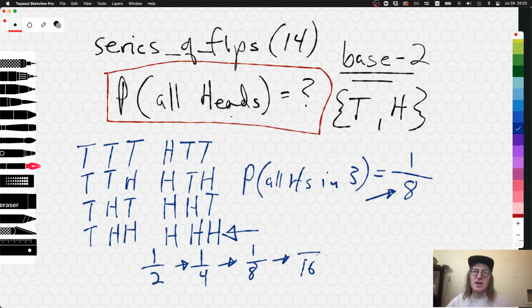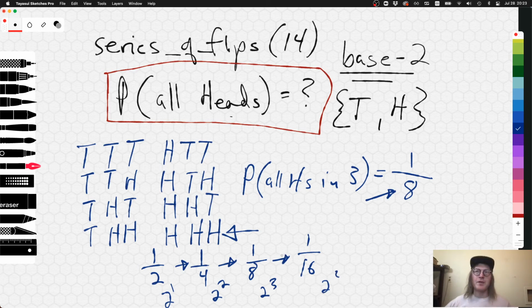Let's assume 8 to 16. Okay. So 1 out of 16 different ways. So this is just 2 to the first power. This is 2 squared, 2 to the third power, 2 to the fourth power.